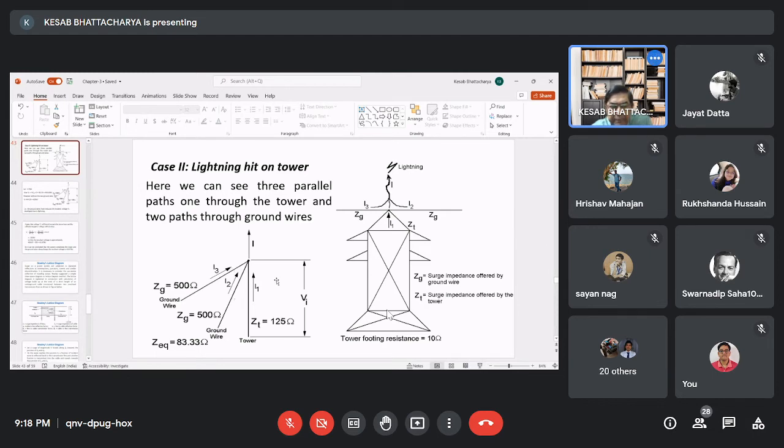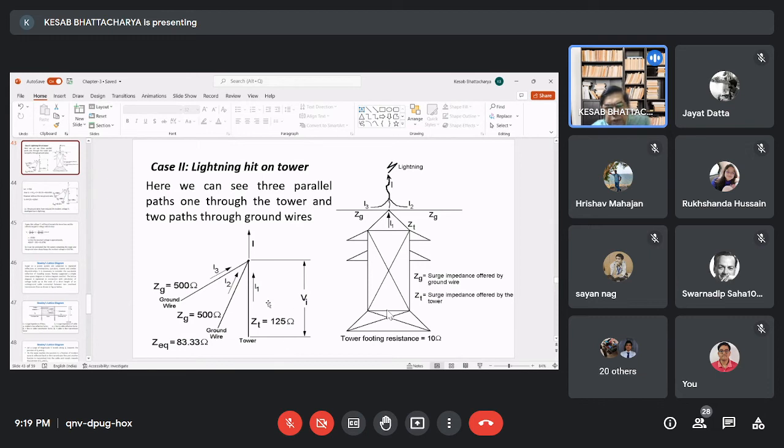So we have a system like this, and the three currents will be I1, I2, and I3, and the net current is, say, I, the total current. I2 and I3 are the currents flowing through the ground wires in either direction, and I1 is the current flowing through the tower body.